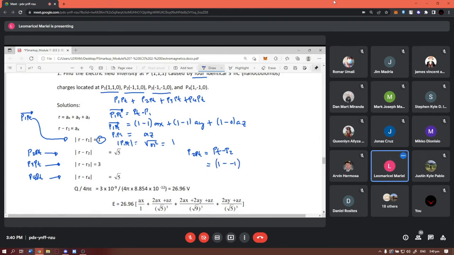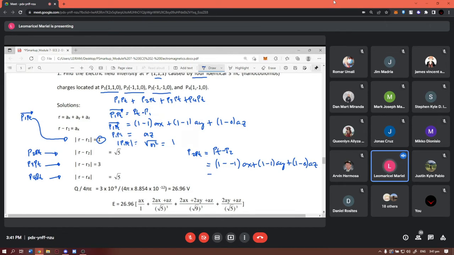Minus 1, that will be AX, plus 1 minus 1, AY, plus 1 minus 0, AZ. Again, PT minus P2. So, 1 minus 1, AX. Then, 1 minus 1, AY. Then, 1 minus 0, AZ.